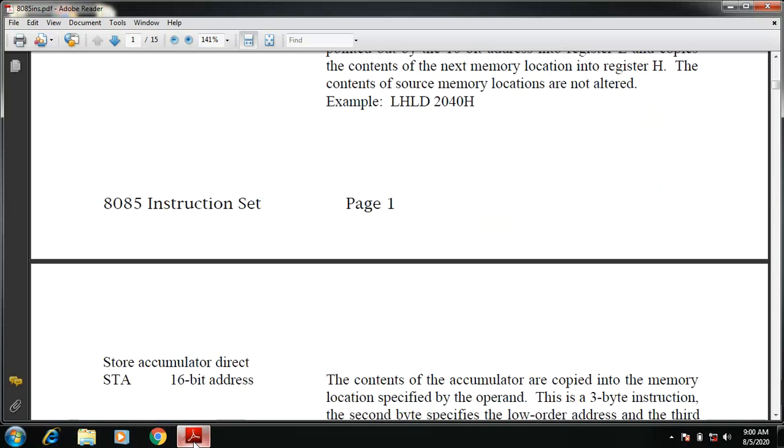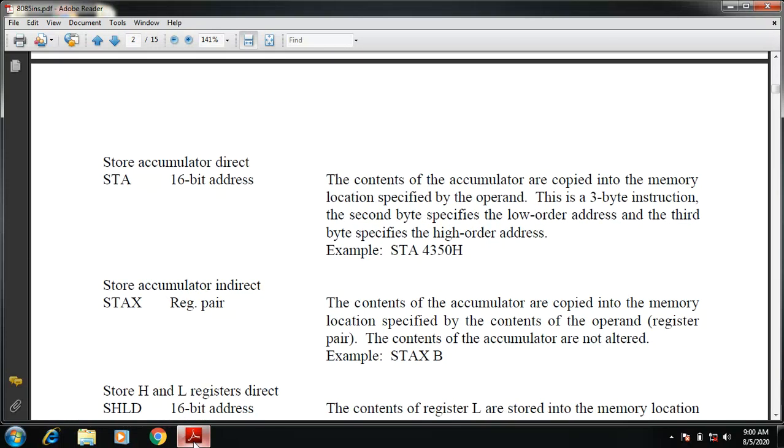Next, STA, another data transfer instruction, STA 16-bit address, store accumulator direct. For example, STA 4350H. 4350 is a memory location. In the 8085 simulator, if you want to specify a memory location, you can give C030, C040, C050; these are memory locations for storing data.